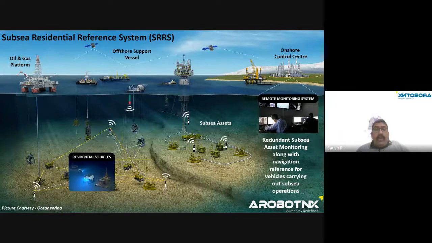Also, the arrays can be expanded easily on the seabed itself. We don't require any kind of surface support to carry out that operation, and the solution can be expanded not only as a reference but also as an asset identifier and asset study. You can carry out tasks related to the subsea asset by monitoring its temperature and all of those.